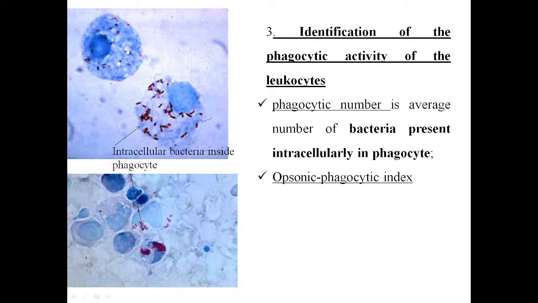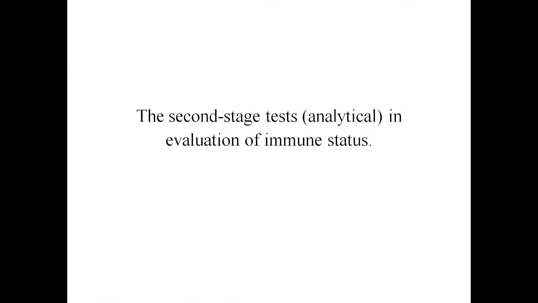We can count how many phagocytes are present, but we also should detect the opsonic phagocytic index. It is the ratio of bacteria destroyed by phagocytes in the patient's blood to the amount of bacteria destroyed in normal blood. So that was about first stage tests. Now about second stage tests.